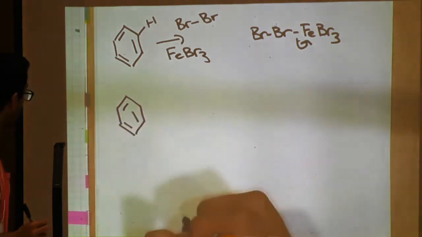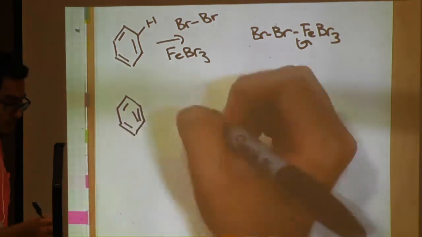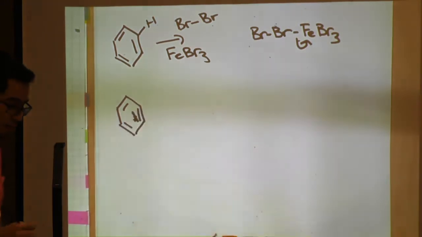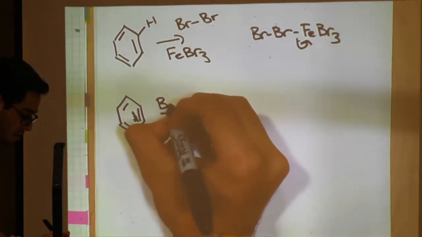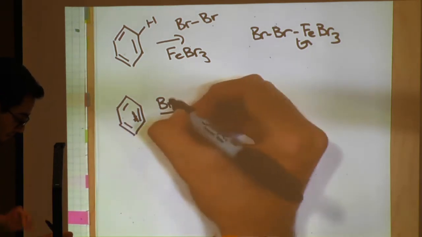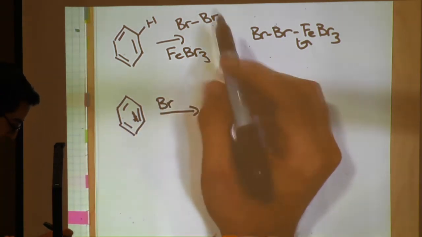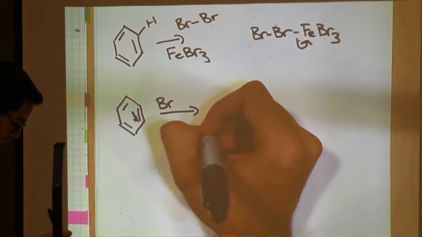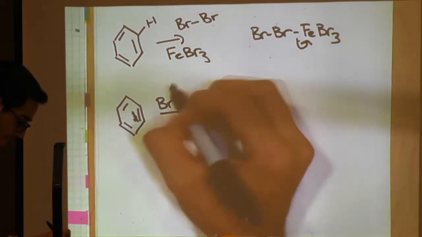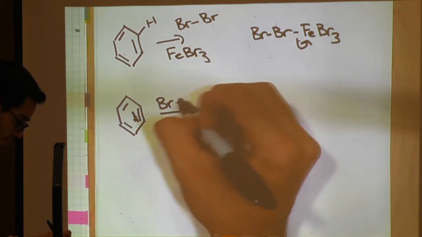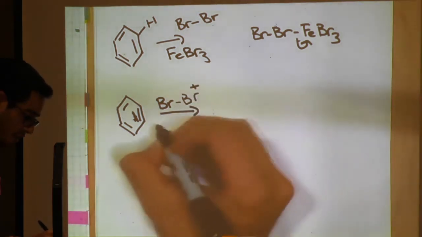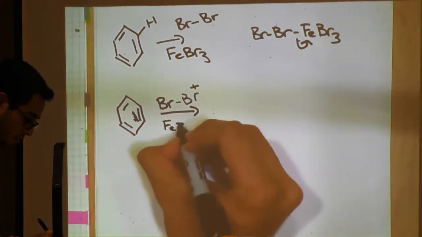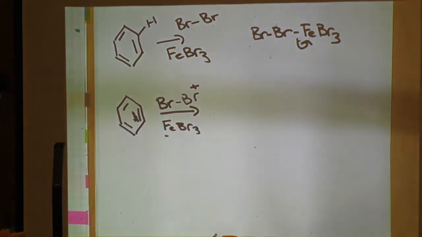Oh, that double bond was really far. My bad. Sorry. The electrophile is going to be the Br positive. And then we have the FeBr3 with that negative charge.